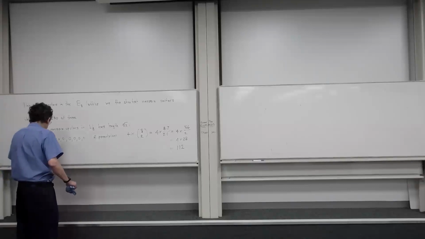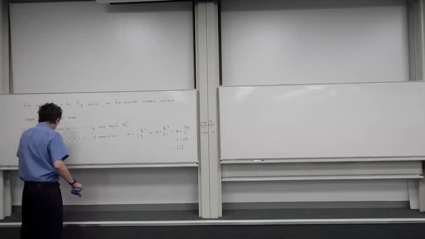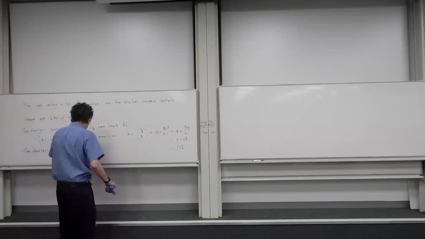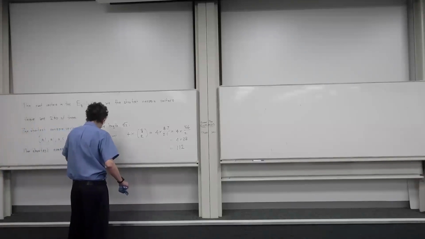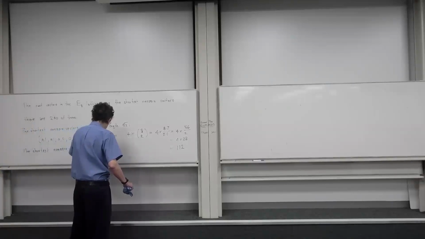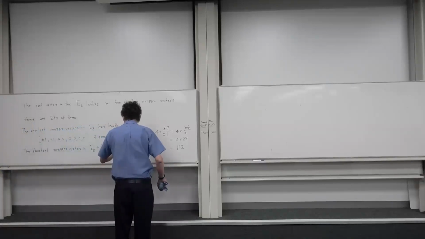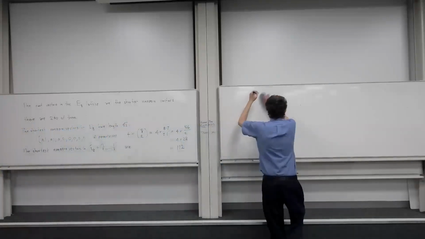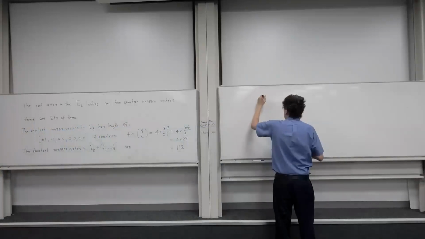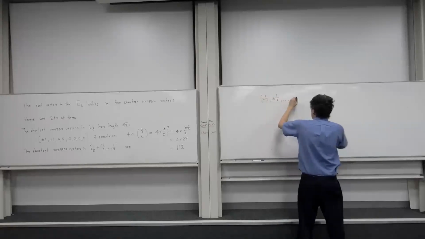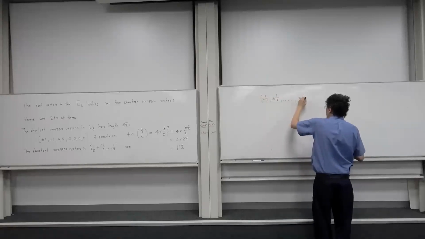So the shortest non-zero vectors in this D8 translated by this vector have to be of this form: plus or minus a half, plus or minus a half, and so on.